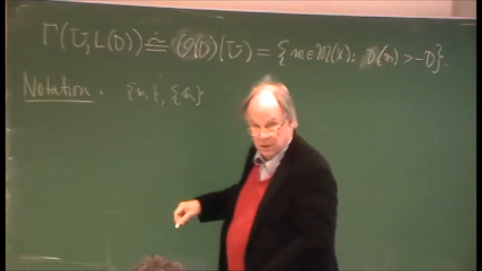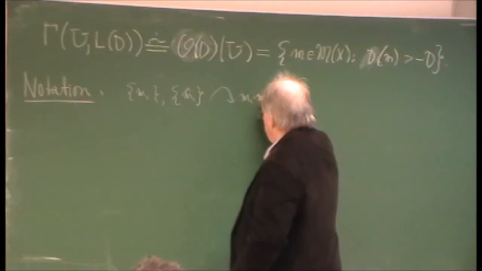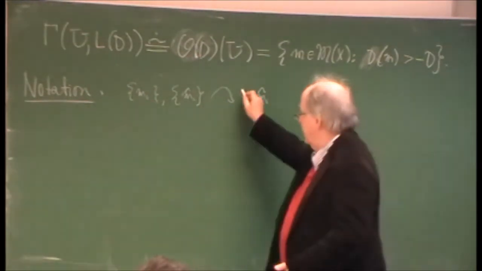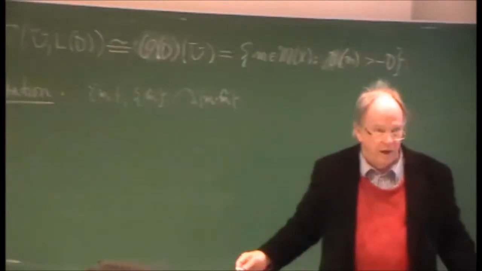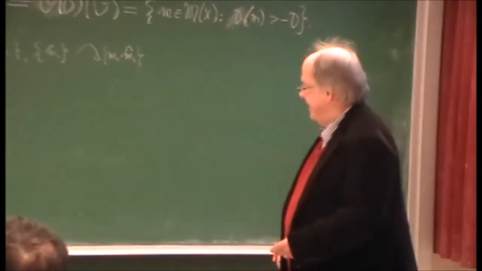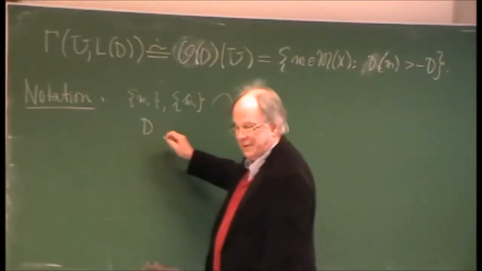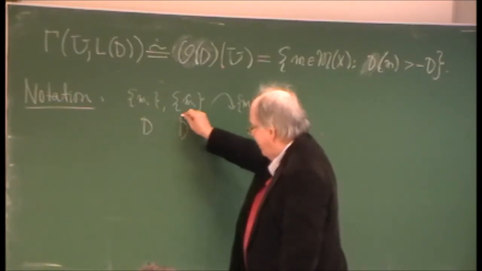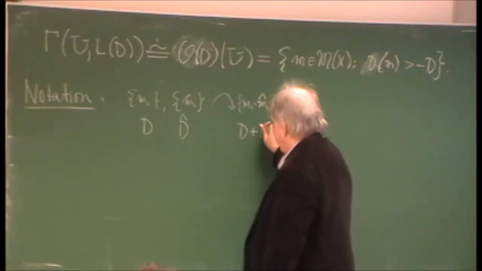Two divisors. Obviously you multiply. If this is called D and this is called D hat, in this abelian group of divisors, then the notation for this divisor is D plus D hat.